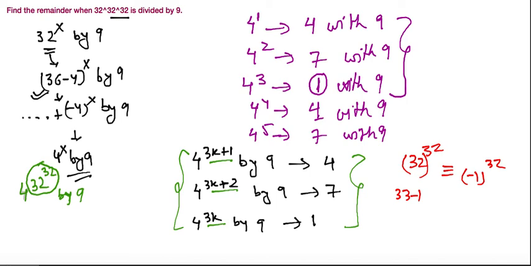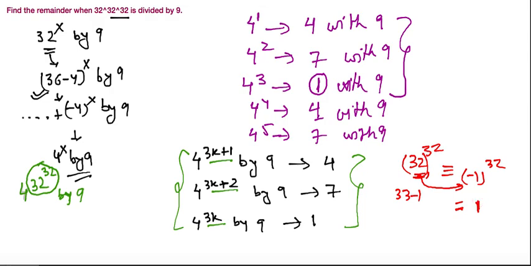So the only term which is not divisible by 3 is this last term, minus 1 to the power 32. Other way of looking at it is 32 is at a distance of minus 1 from 33, so you can directly also write it as minus 1, right? So minus 1 to the power 32 is nothing but 1 itself.